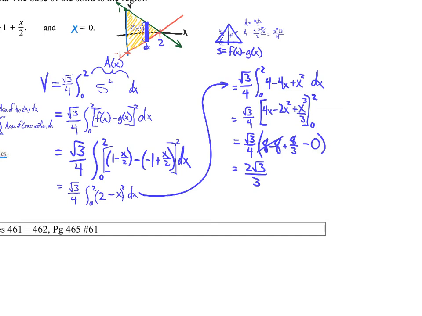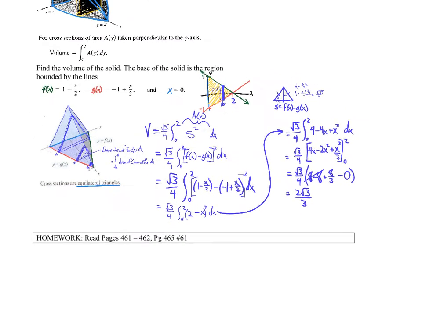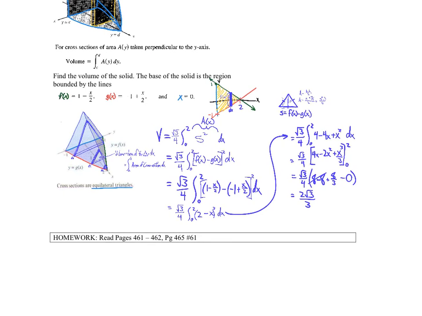I have one question. Why is the shape a triangle instead of just going straight to unlimited? Because we made it be that way. We could use these same two lines and make a totally different shape if we said all the cross sections are semicircles, or all the cross sections are squares.